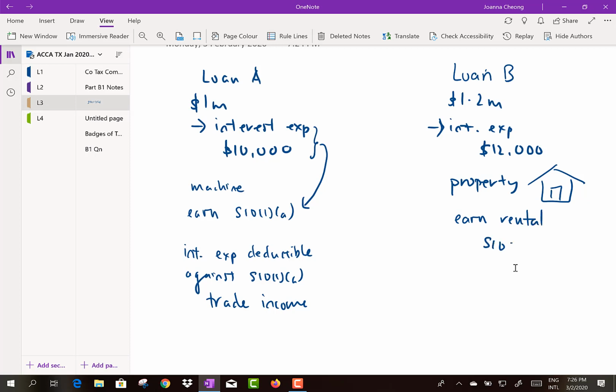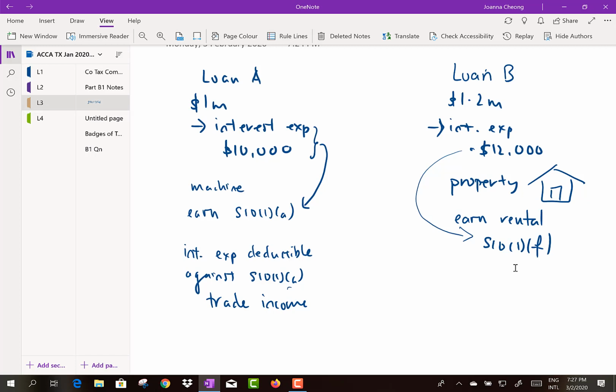So, okay, now, for your information, if you can't remember, rental income is under 10(1)(f). So this 12,000, all right, the purpose of the loan is to earn rental income, right? So this 12,000 will not be deductible against trade income. It will be deductible against what income? The rental income.